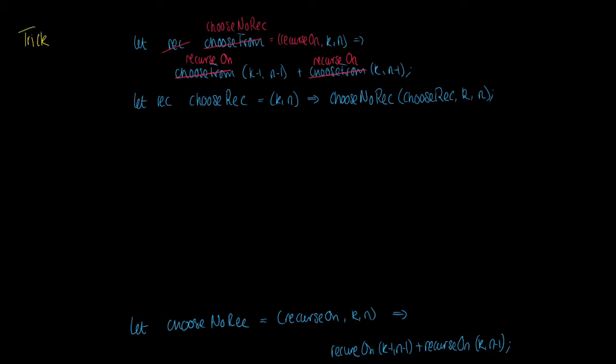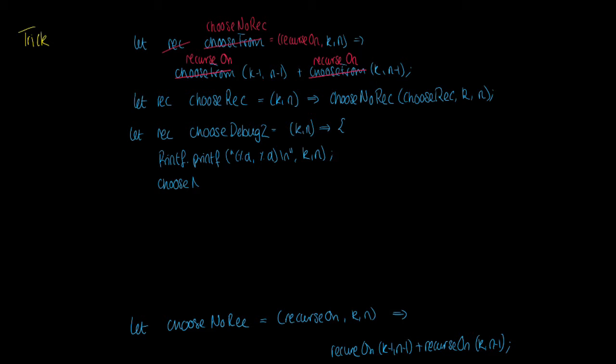And to print and debug, to see what's going on, you do this. Let rec choose_debug2 = (k, n) => { the print statement from before; choose_no_rec choose_debug2 k n.